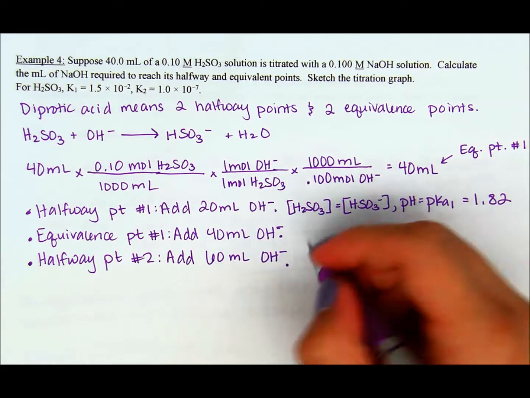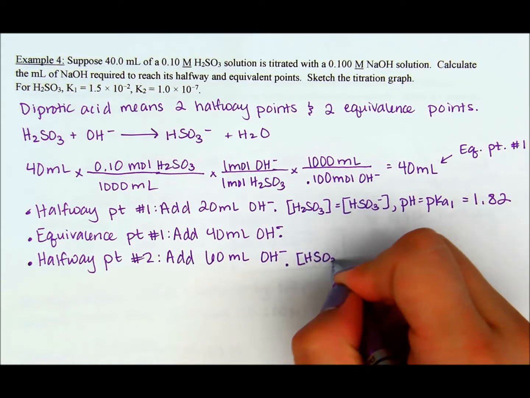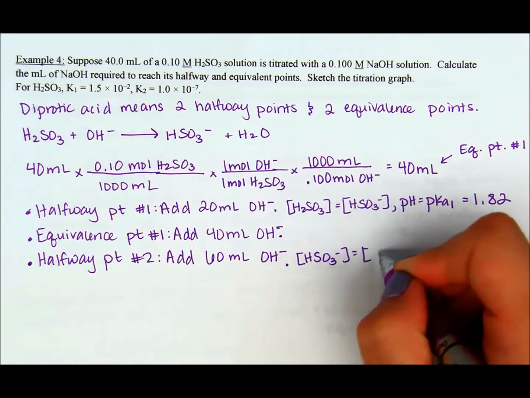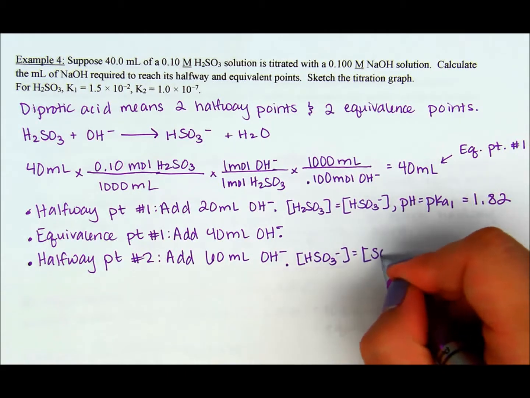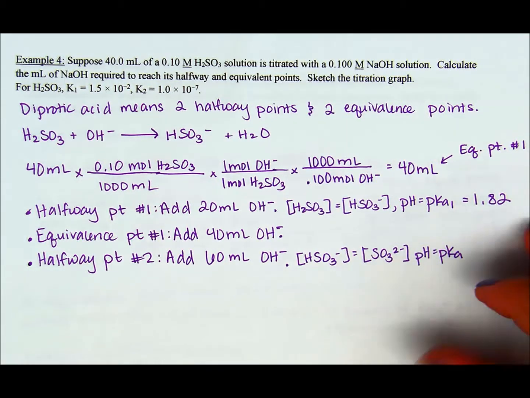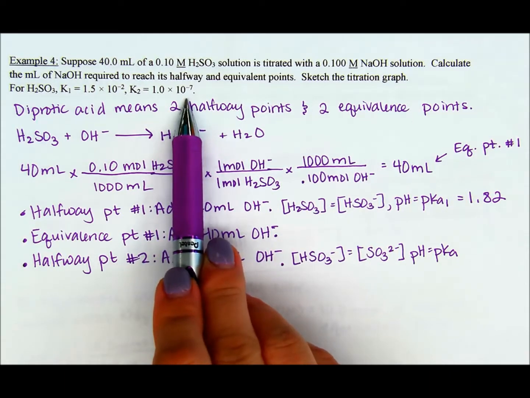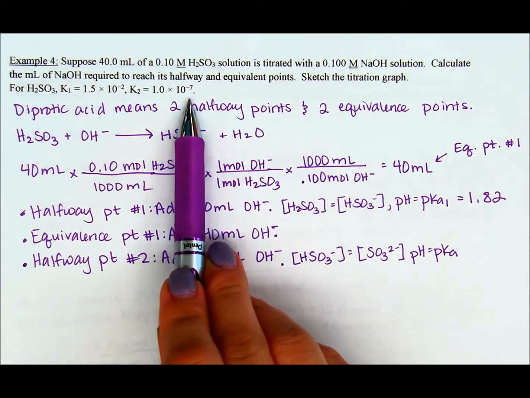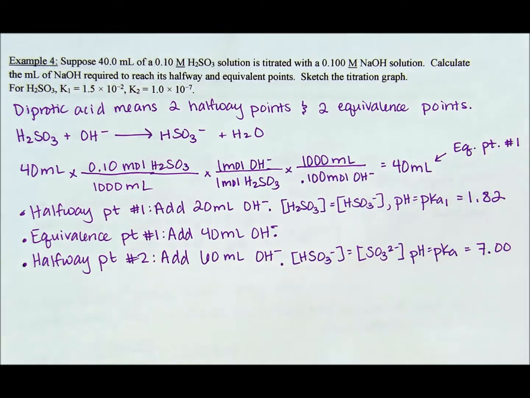And then when that happens, you have your acid, HSO3 minus, equal to the concentration of its conjugate base. And tearing off that last proton there, you get SO3 2 minus. And we know that pH equals pKa at any halfway point. This is the second proton to come off, so there's our K2. So take negative log 1.0 times 10 to the negative 7. That's just 7. So our pH equals 7. It's exactly neutral at halfway point number 2.